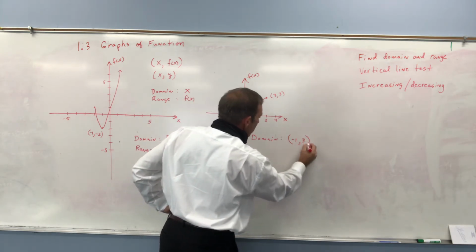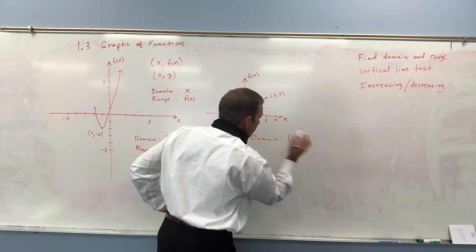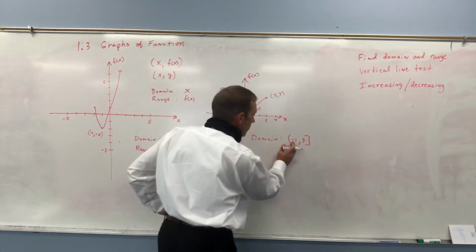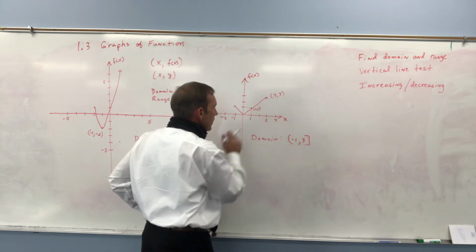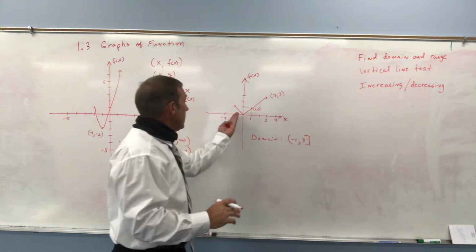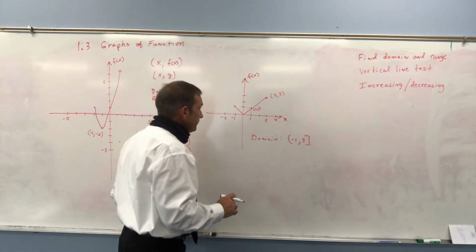So the domain in this case, I'm sorry, this should be a bracket. So the domain in this case are going to be all of the numbers from -1 to 3. Anything outside of 3 is not part of the domain. Anything to the left of -1 here is not in the domain.